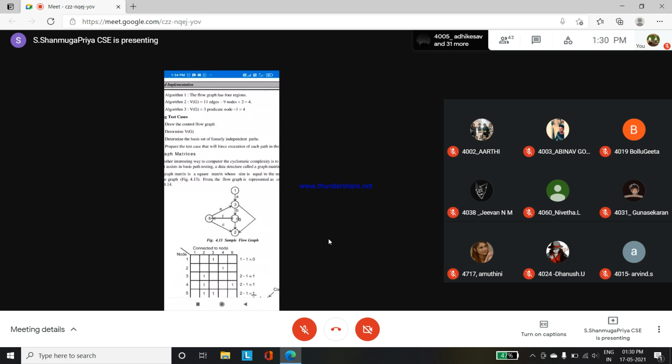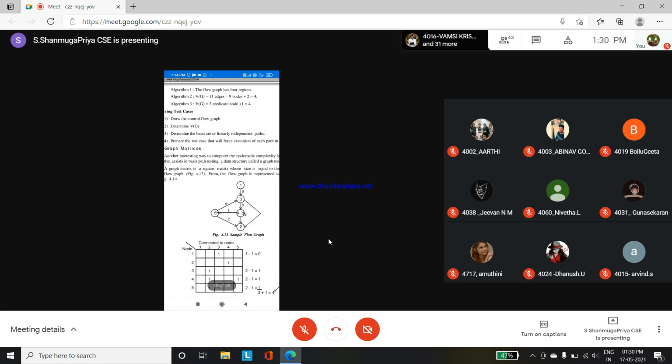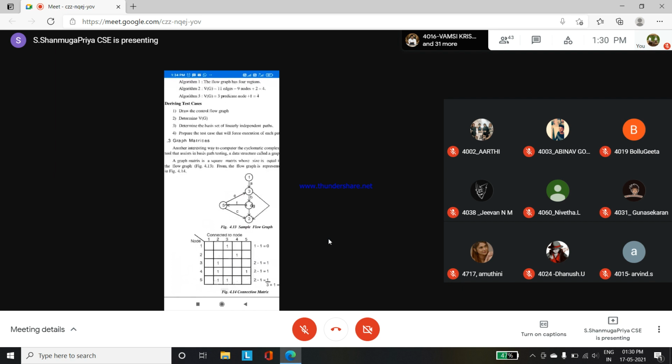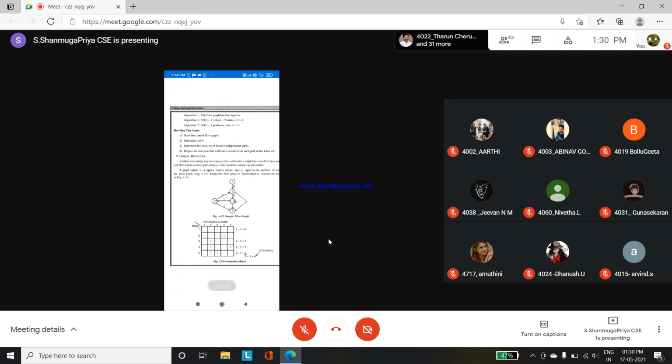Otherwise, you can use a variable name also. Likewise, we calculate for all the nodes. You have to use a square matrix only. This is called a graph matrix, and in that way the complexity is calculated. So these are the methods we have seen in basic path testing.